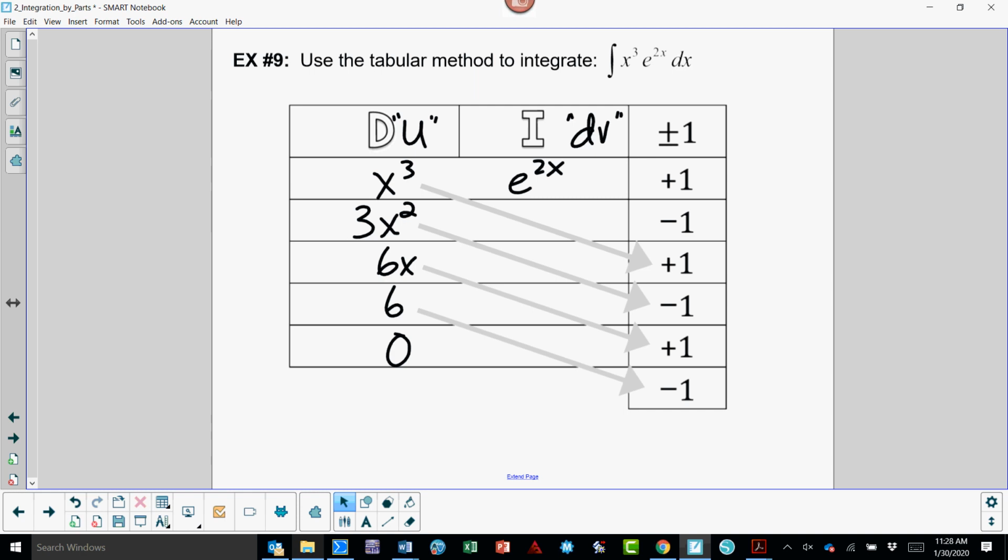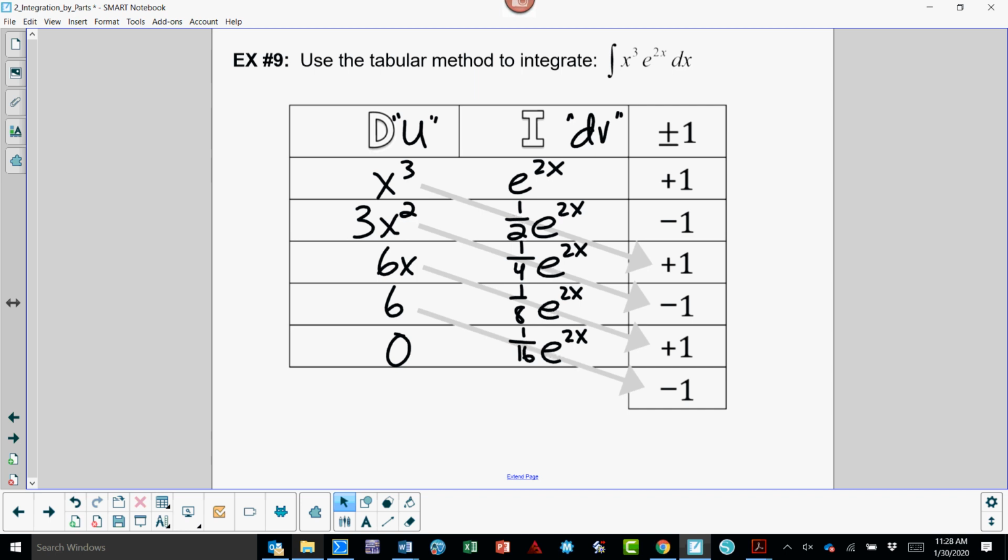When I integrate e to the 2x, remember that you always get the exponential back, but the derivative brings a 2, so therefore we divide by 2. I'm going to write it as times a half for space. Then I just keep doing that, getting the exponential again and multiplying by a half until I end up on this last column. We know it's the last part because I did all the derivatives first.